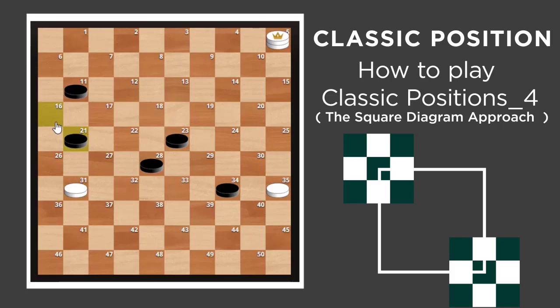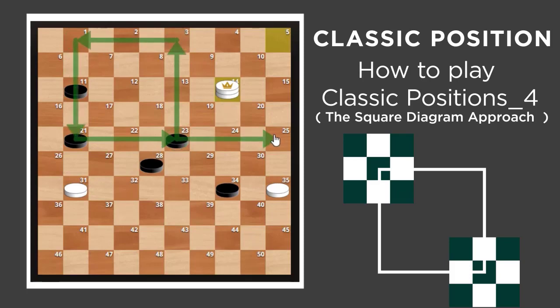Black played 11, 21. White will respond by moving the king to square 14. And the reason white moved the king to square 14 is that if the square diagram is drawn, you see that 14 forms the center of the square. And then black will respond by playing 34, 39.